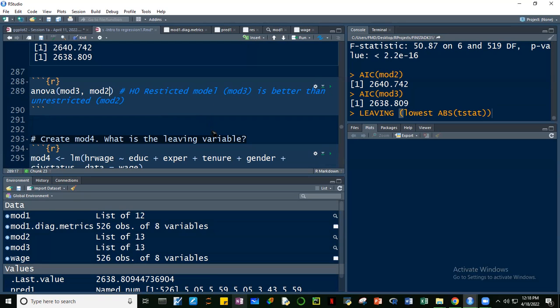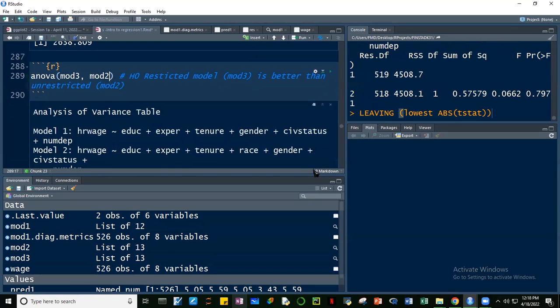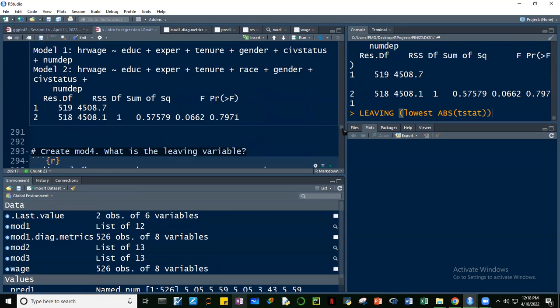So this is very important kasi gusto nating malaman kung paano natin i-interpret yung results ng analysis of variance natin. Restricted model, model 3. This is the one that has only 6 independent variables. Si model 2 natin yung unrestricted kasi 7 yung explanatory variables. So let's run this. All right. So what do we have here?